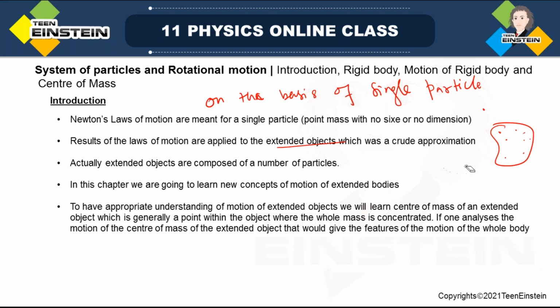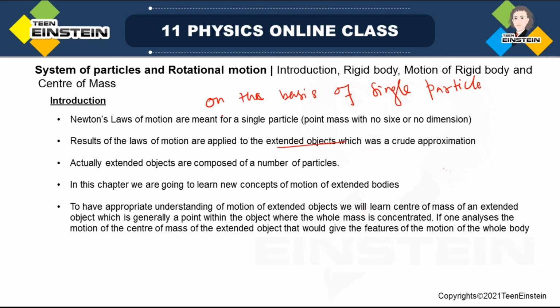Extended object means they really have physical dimension. They are not point masses, not like a point. They have finite mass, and at the same time they have physical dimensions like length, breadth, volume, etc.